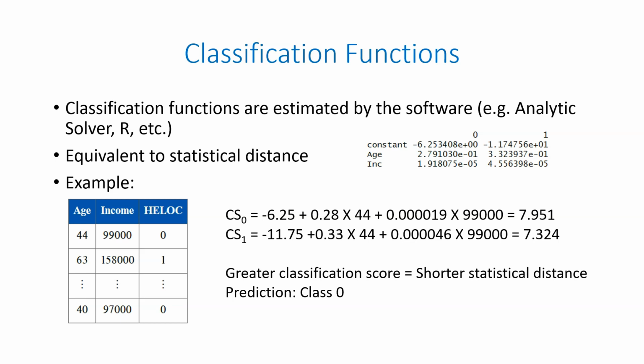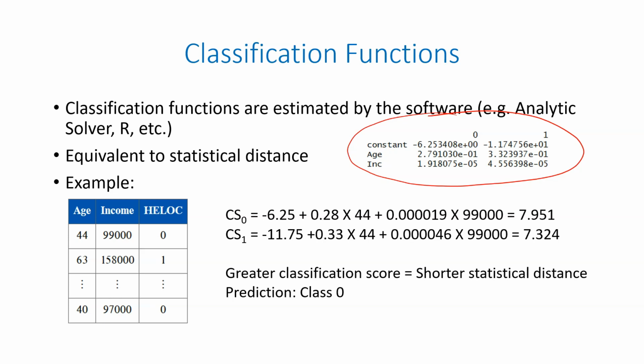First, classification function looks like a linear regression model that produces a classification score if you plug in the predictor values. For example, these are the classification functions produced by R using the dataset of the 20 Sunnyvale Bank customers. As you can see, a classification function is derived for each class.